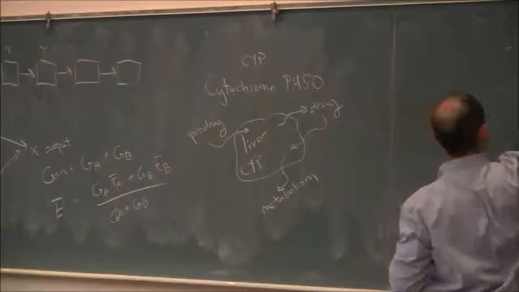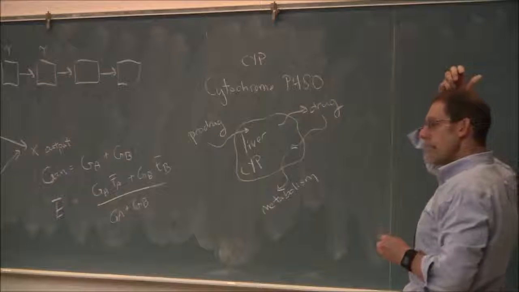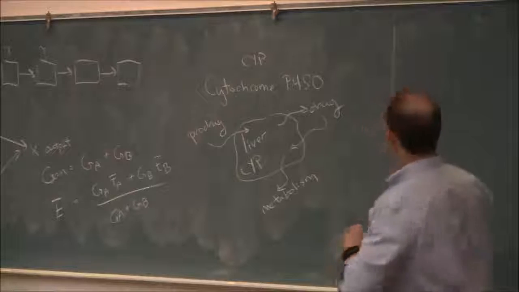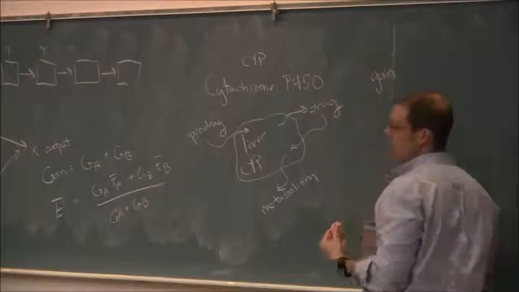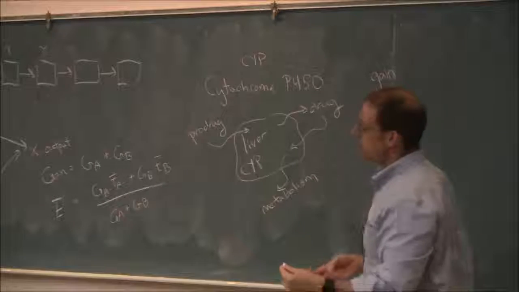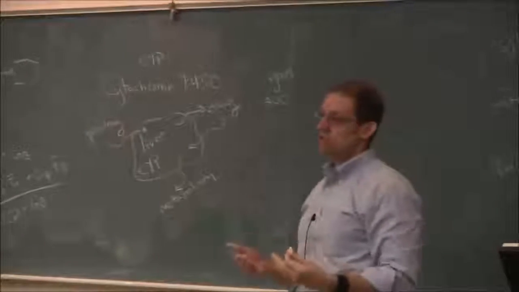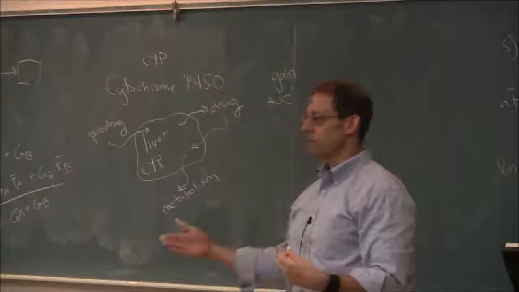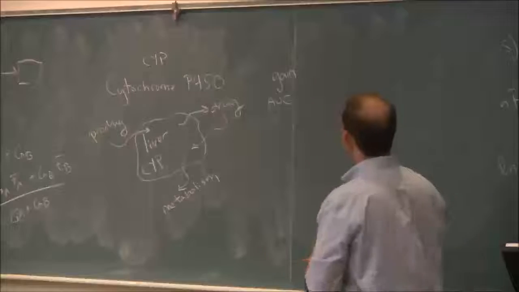So if we think about the gain, which in terms of drugs people usually call area under the curve. So you take a drug and they measure the level of the drug in your blood over some amount of time. So what is the area under the curve?